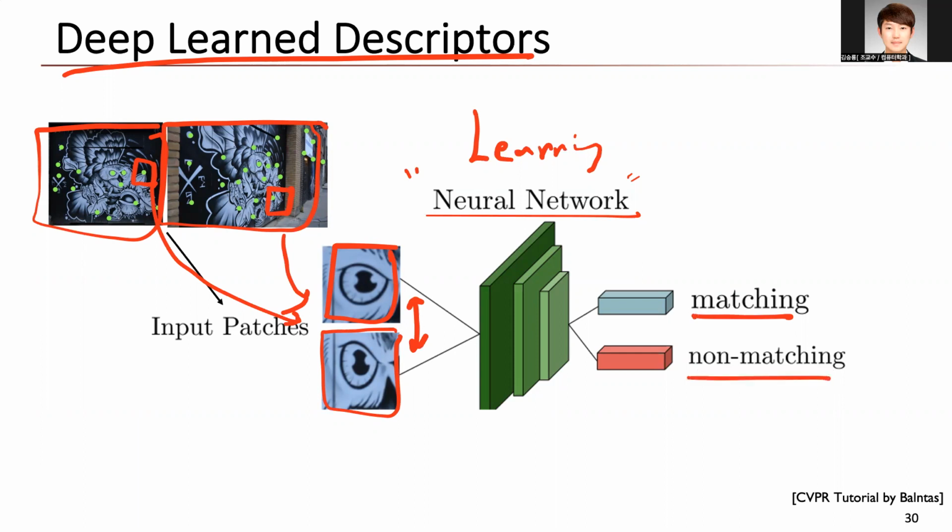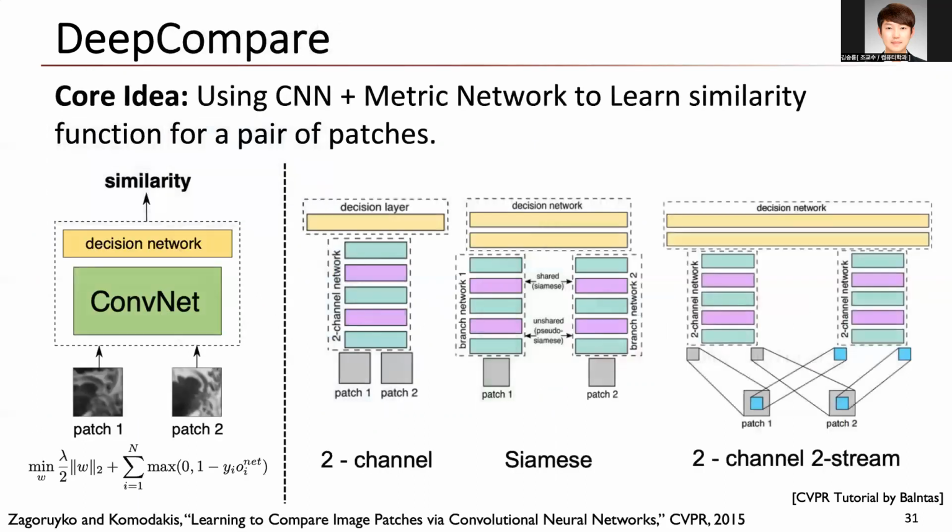Then we can solve the image matching problem with a deep neural network. This is the general idea of the deep learned descriptor. So the DeepCompare paper was the starting point for image matching in deep learning.